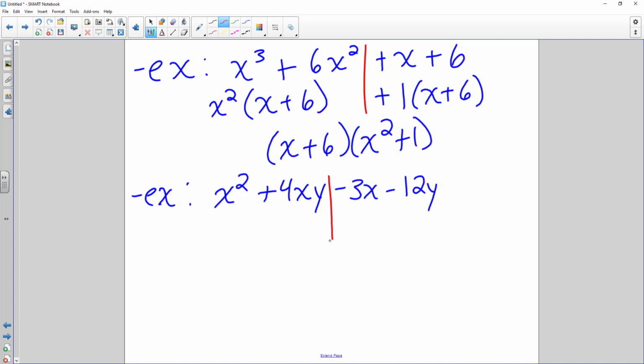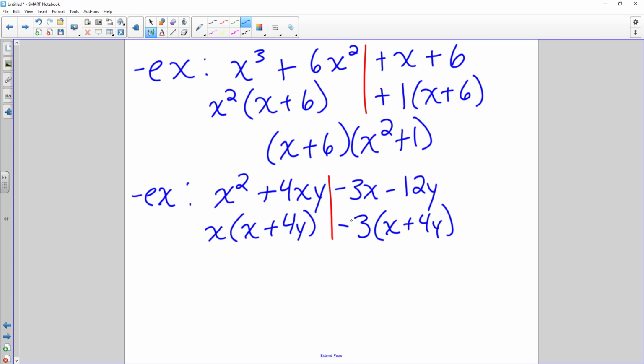So split it down the middle. Out of the first two, we have an x in common. So I'm left with x plus 4y. Now in the next two, I have a 3 in common, but I'm also looking ahead at the signs. In the parentheses, I want to have the same thing. I want to have x plus 4y. So in order to do this, I'm going to have to factor out a negative 3.